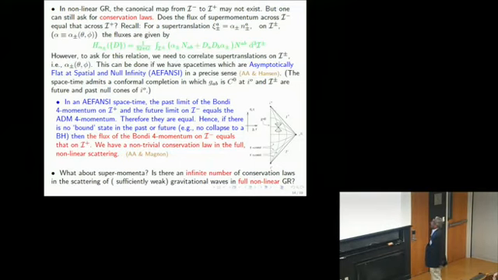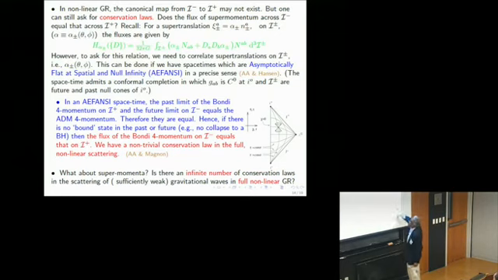Now, if you ask not only that you have null infinity, but also spatial infinity in a precise manner, which is called spacetimes which are asymptotically flat at spatial and null infinity, so it's called AFANSI, and it was invented to say that these spacetimes are not very fancy. They are very boring, straightforward spacetimes.